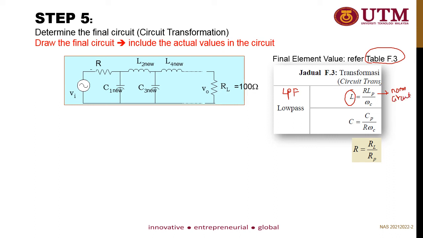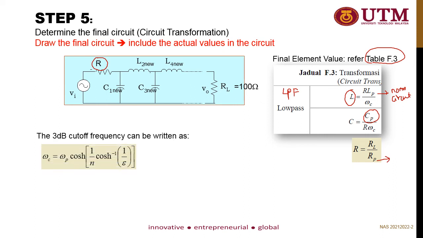Okay, same goes to C. The CP is the values in your normalized circuit. While the R here, so in the normalized circuit you have RS, but in the final circuit you have R, which can be calculated by dividing RL by RP. So RP values you can get from the earlier table. Alright, so here you'll see that you need to divide your earlier component values with omega C, the cutoff frequency.